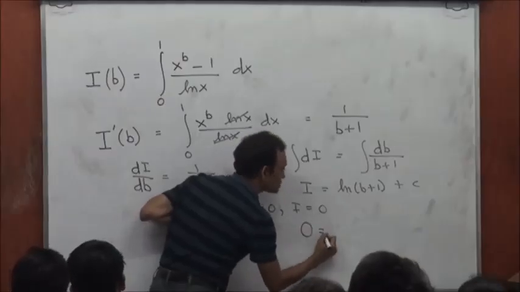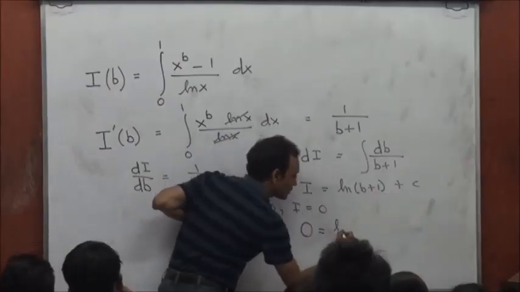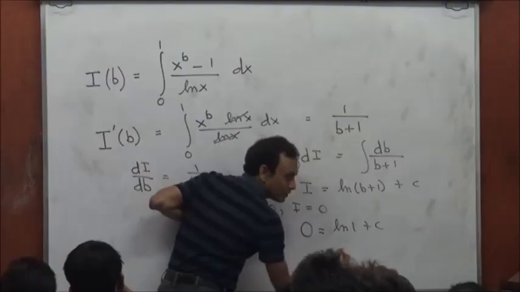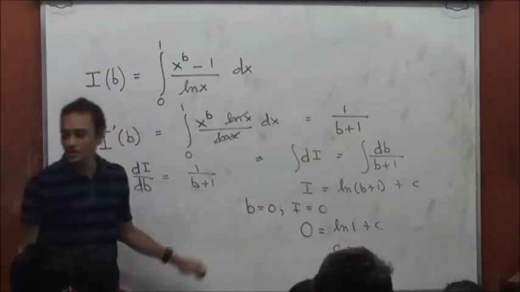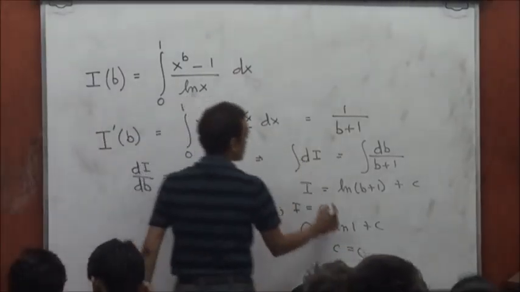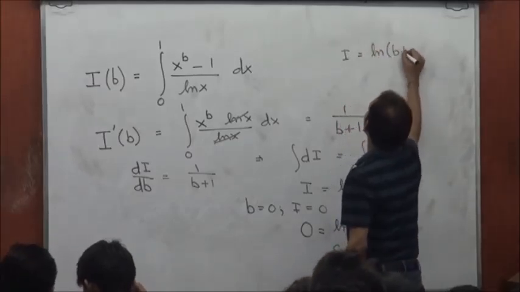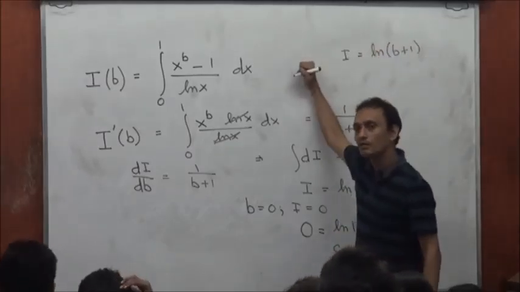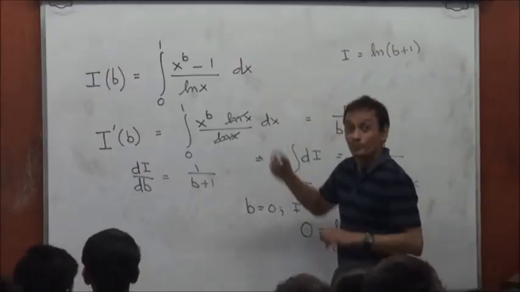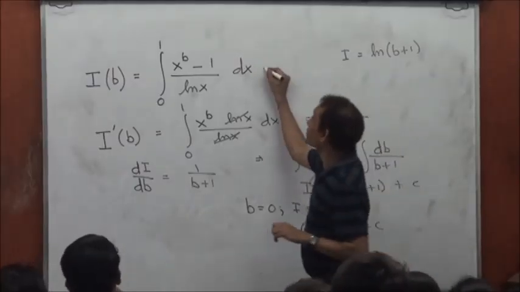So 0 equals log 1 plus c. So c is 0. I then turns out to be log of b plus 1.